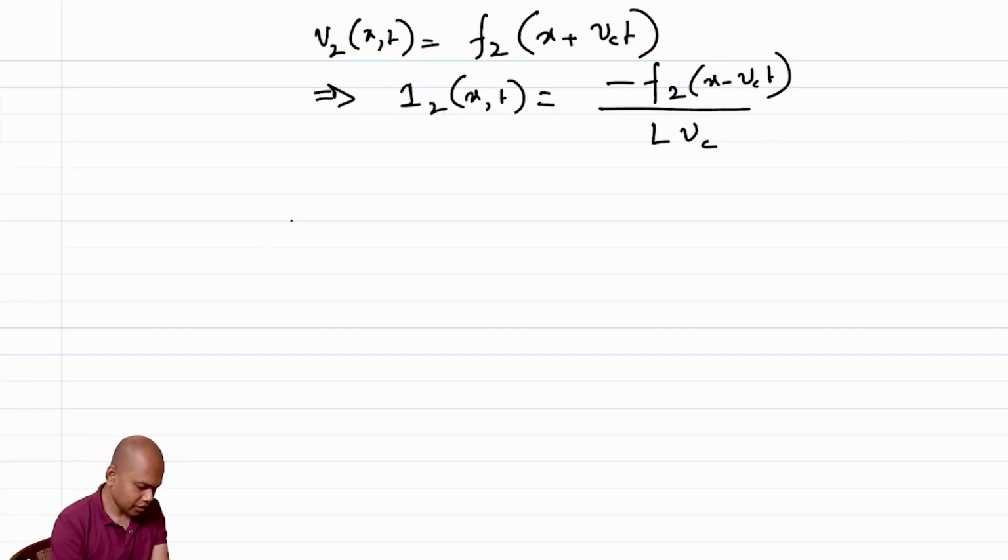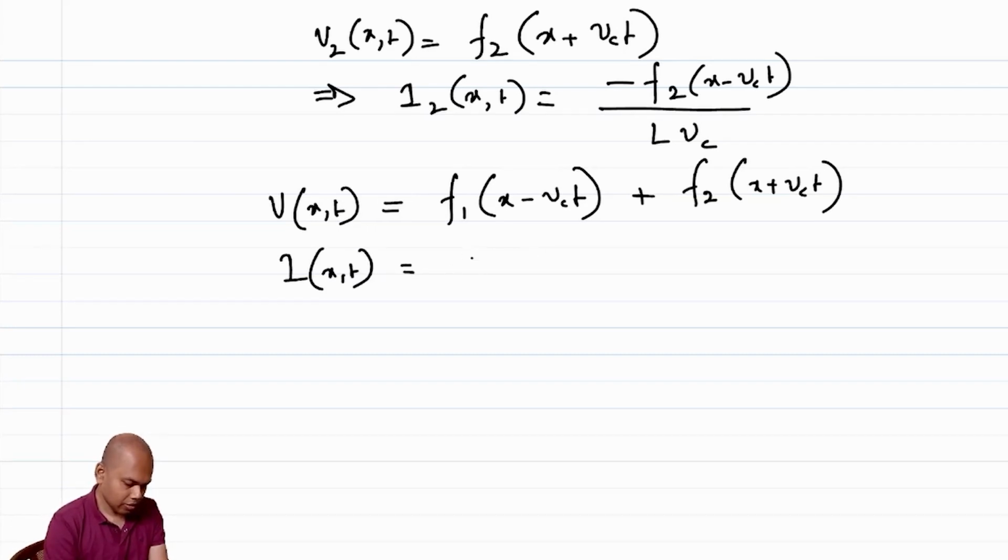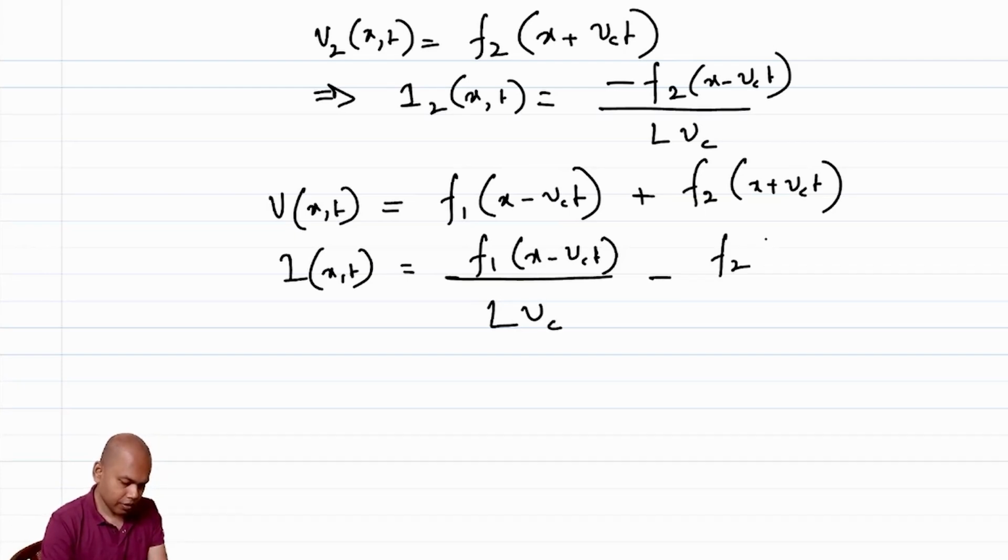So your final expressions: v of x, t is nothing but f1 of x minus v_c t plus f2 of x plus v_c t, and I of x, t is nothing but f1 of x minus v_c t by L times v_c, negative of f2 of x plus v_c t by L times v_c, right?